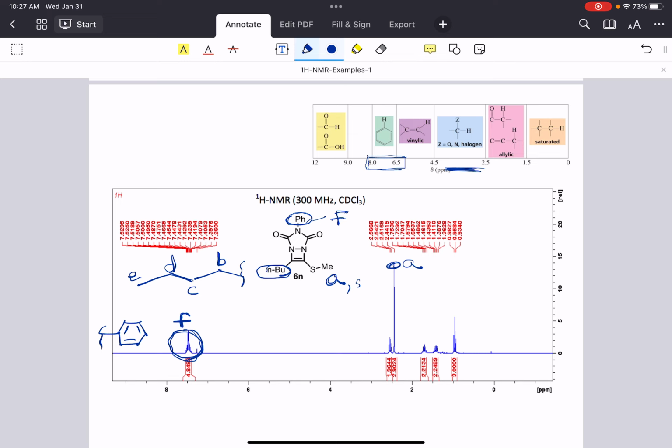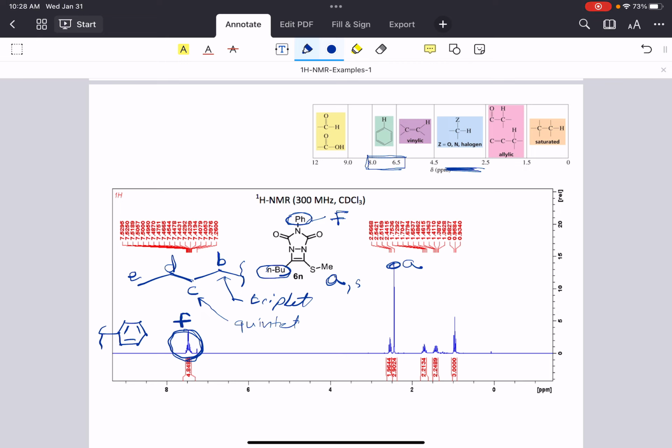If we clue in on splitting patterns, B is one signal for that CH2 plus its 2 neighbors, so that should be a triplet. If I look at C, one signal for those 2 hydrogens plus 2 neighbors on the left and 2 neighbors on the right, that's going to be a quintet, so a series of 5 peaks.